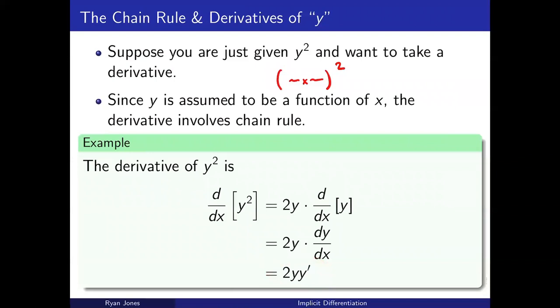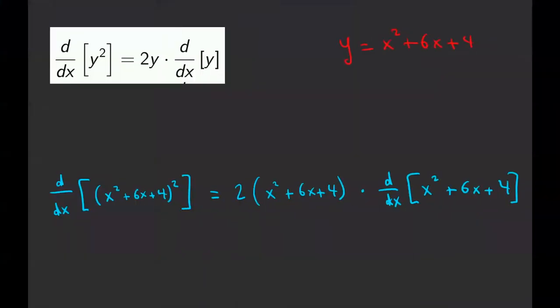And what you'll notice is that the derivative of y squared, it is in fact 2 times y times whatever the derivative of y is. That's exactly what we saw here. The derivative of y squared is equal to 2 times y times whatever the derivative of y ends up being, which, obviously, we could write as y prime right there.